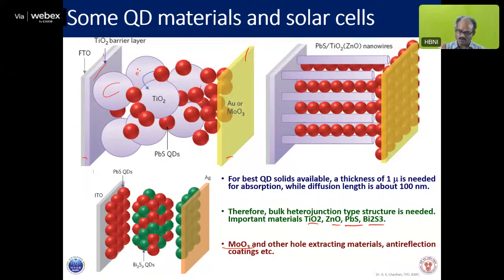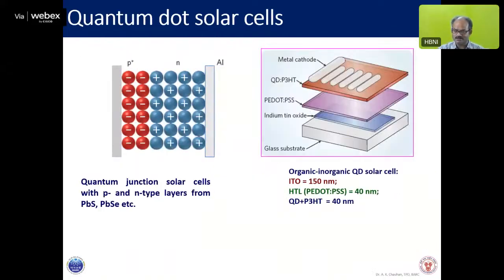Once you have understood one type of solar cell and the entire fabrication process, you have understood almost everything. They are more or less the same, with small changes here and there.